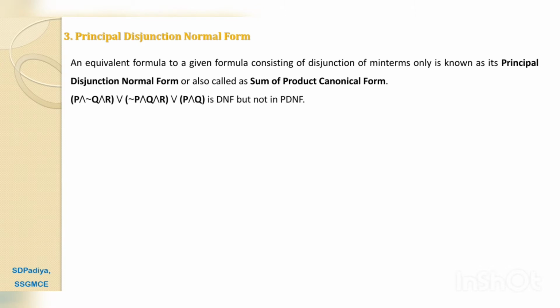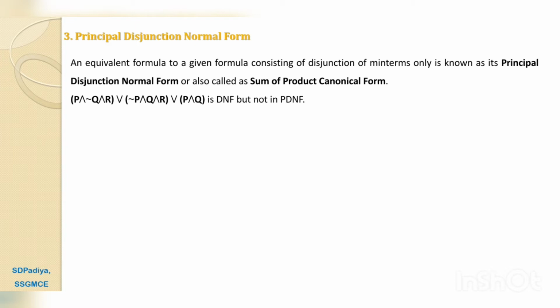Here we have one example: P and not Q and R, or not P and Q and R, or P and Q. In this statement formula, 3 elementary product terms, P and not Q and R, second not P and Q and R, and third P and Q, are connected by the sum. That's why we can consider it is the sum of product, that is the disjunction normal form.